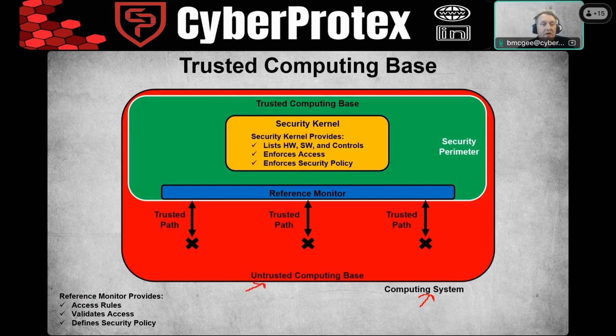Okay, so the trusted computing base is something that we can rely on, and we know everything that's going on within that operating system. And because of that, the white line here is what we typically refer to as the security perimeter. This TCB allows us to confine and trap everything within it.